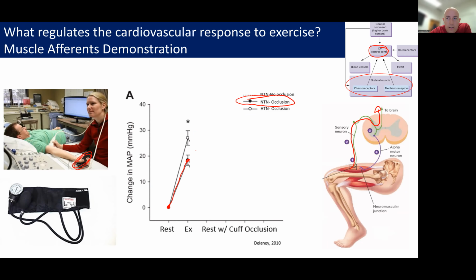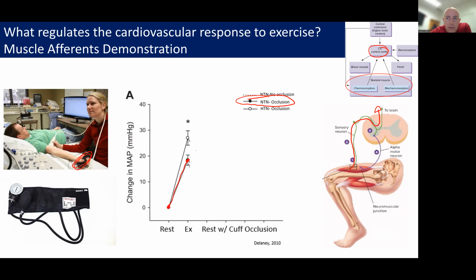And then they stop exercising. Follow this line. If they stop exercising normally, your blood pressure will go back down. But in this study, what they did is they had them stop exercising, but as soon as they stopped exercising, they inflated a blood pressure cuff. So now the metabolites that they produced are stuck in the muscle. They're not exercising anymore, so there's no central command.